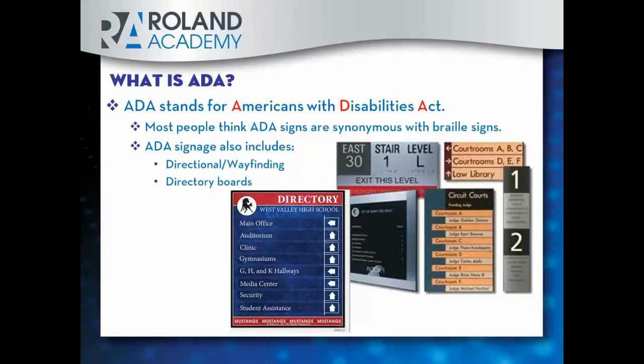But it's interesting that a lot of people think of ADA as just braille signs, and it's a lot more than that. Certainly, braille with the raised characters is the most visible part of ADA signage, but ADA covers other types of signs as well, such as directional wayfinding signs as well as directory boards. These are all part of, or a form of, ADA signage.